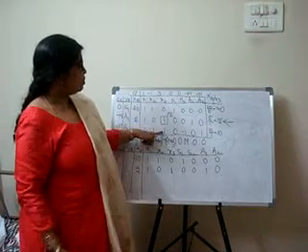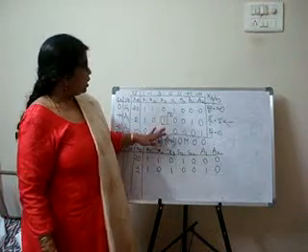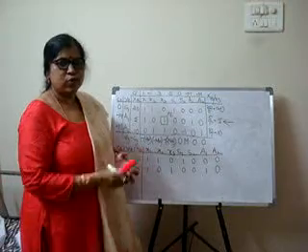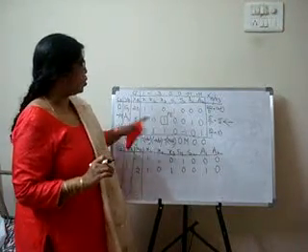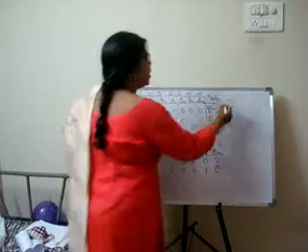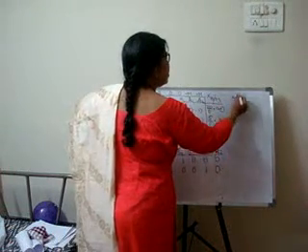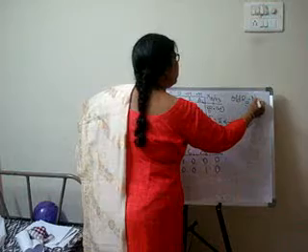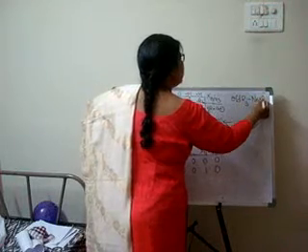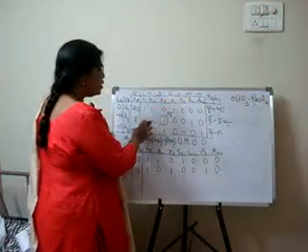Now this element also should become 0. Here it is 1, so we have to perform some matrix conversion. So what do we do? This is old R3 minus new R2. Where is our pivotal element?